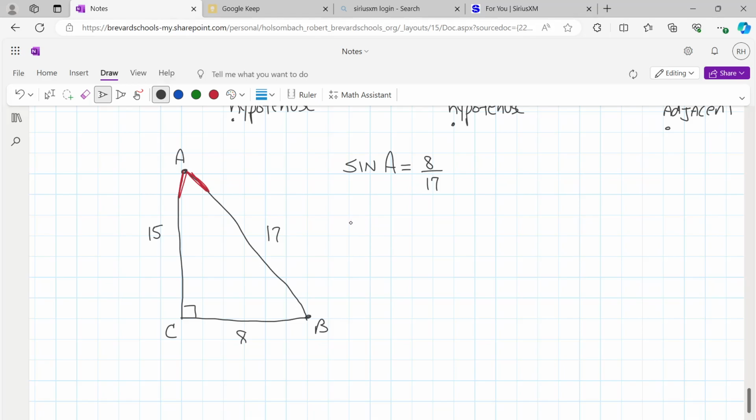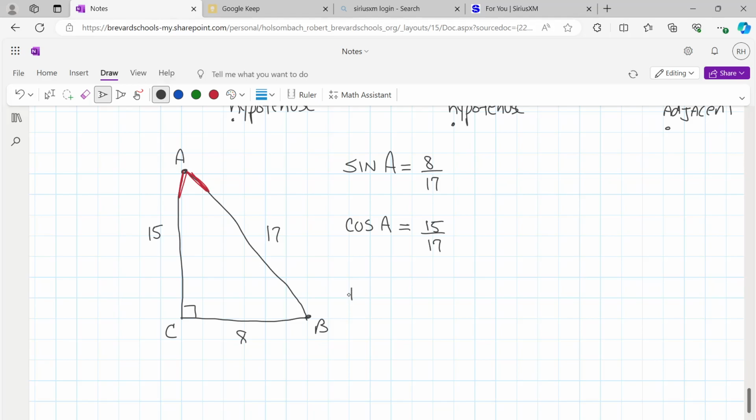Our cosine of A, and we abbreviate cosine with just cos. So cosine of A is equal to CAH, right? So cosine of A is the adjacent side, the side next to angle A, which is the 15, over the hypotenuse, which is 17.